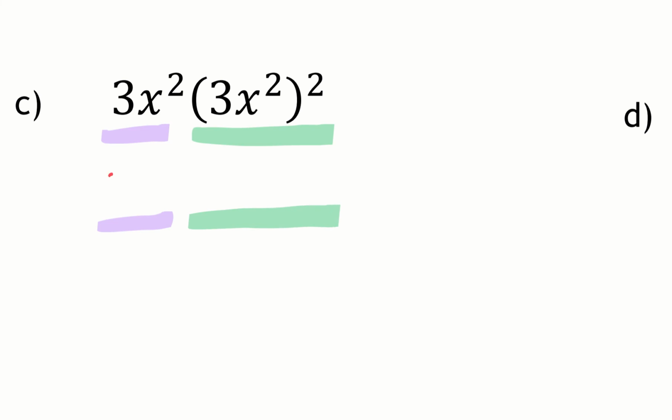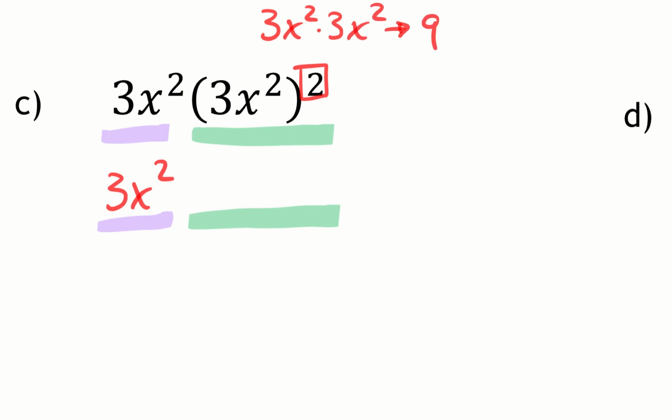Well, the 3x squared I'm just going to write as 3x to the second power. But the 3x squared that's getting squared, that means that there are two identical 3x squareds times another 3x squared. If I multiply that, 3 times 3 is 9, and x squared times x squared is x to the fourth power.